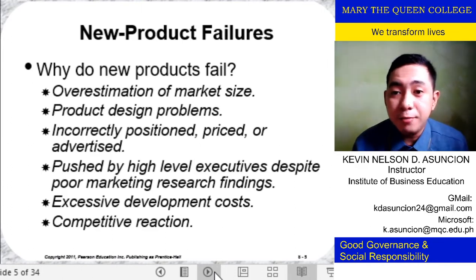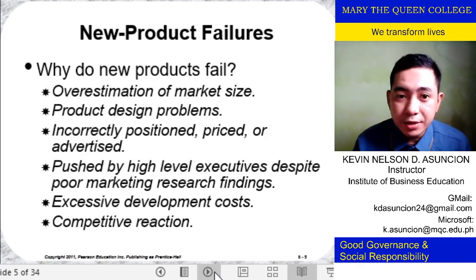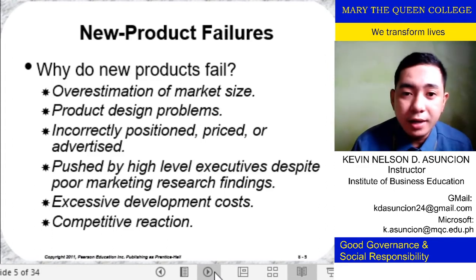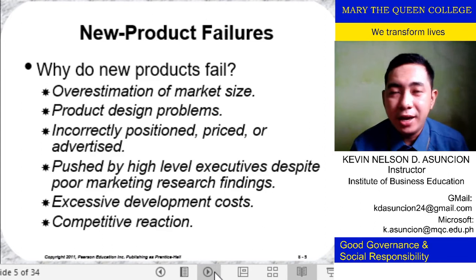The product design problems, it's internal naman, which are the ergonomics and other issues related to the product. Incorrect positioning, price, and advertising. So, probably your strategies outside of that product ay hindi tumutugma dun sa market.